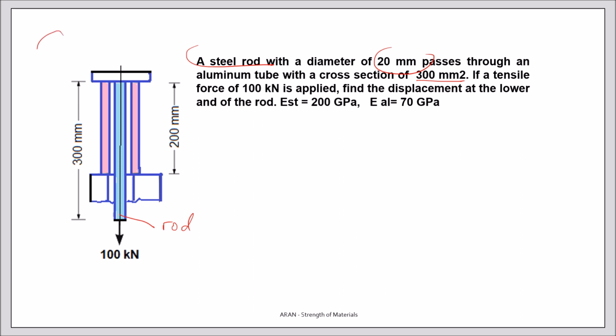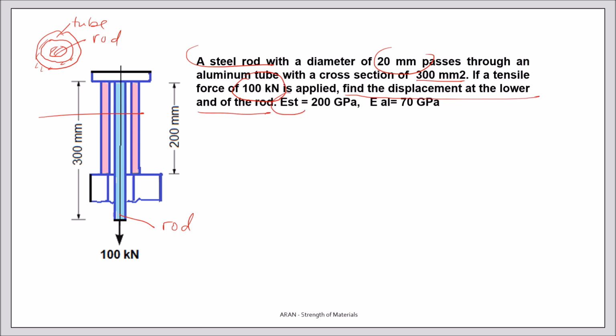So when you look from the top, so this is your rod, this is the section, and this is the tube. Okay. So the cross section of the tube is 300. If a tensile force of 100 kilonewton is applied, find the displacement at the lower end of the rod.